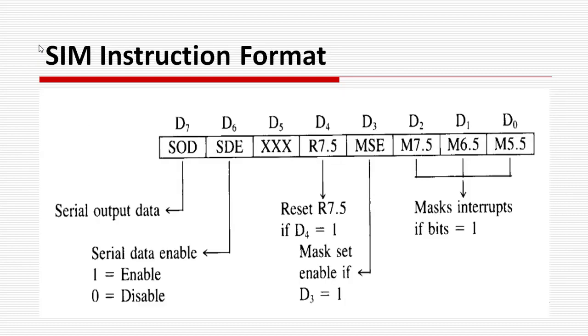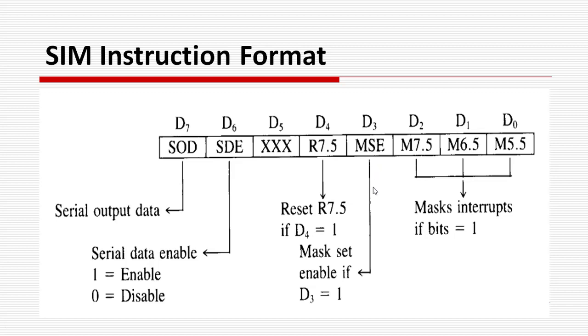This is the format of the SIM instruction. It has an 8-bit format, D0 to D7. Using bits D0, D1, D2, we can mask the interrupts. If D0, D1, D2 are all 1, then RST 5.5, RST 6.5, RST 7.5 are masked. Then D3 is mask set enable.